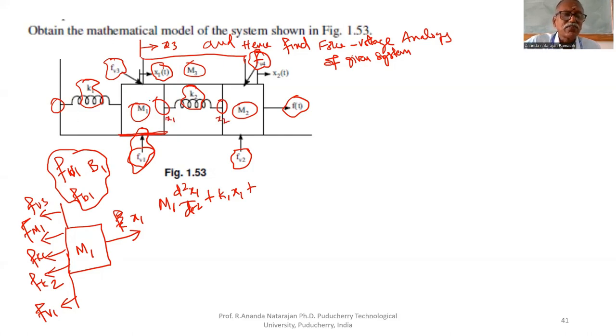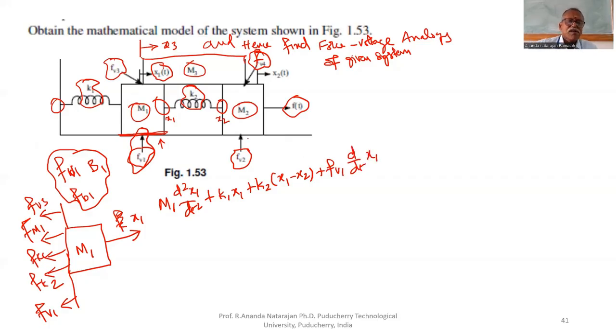We are writing in terms of m1, therefore k2 multiplied by x1 minus x2. Here, the friction is between floor and the mass m1. Therefore, one end is fixed in this case. Therefore, plus fv1 d upon dt of x1.